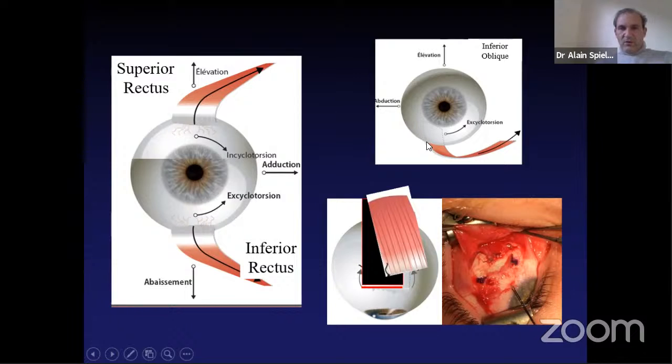So you can act on the inferior oblique instead of acting on the inferior rectus, and conversely on the superior oblique, if you want to counter the torsion. Otherwise, if you operate on the superior or inferior rectus muscle, you can shift the insertion to counter the torsion as well.